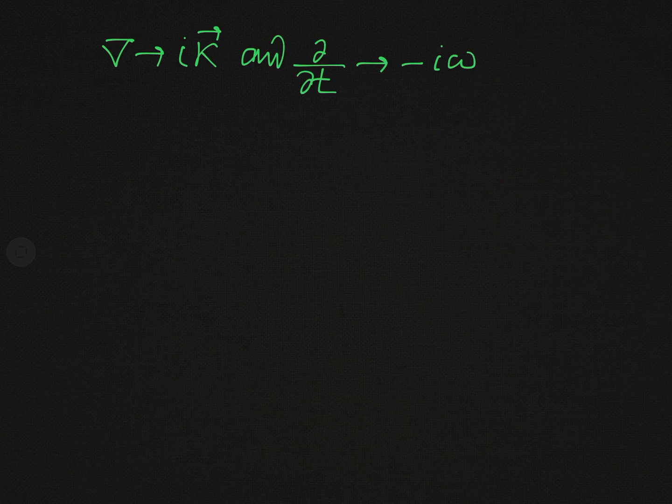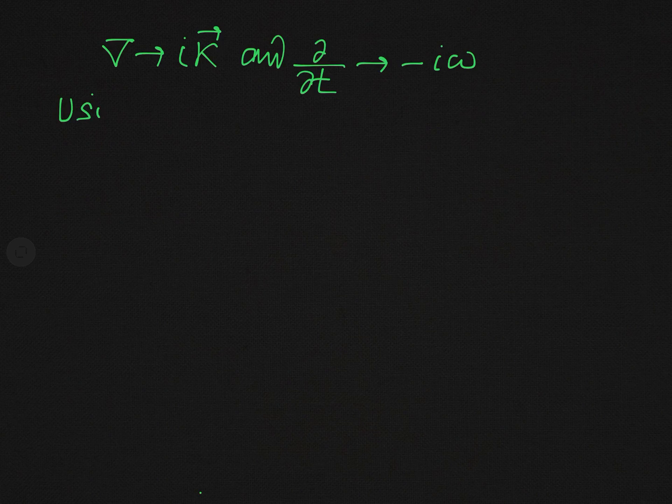So now we can replace these operators in Maxwell's equations, and Maxwell's equations will be in a convenient form, from which it is easier to discuss the different properties of the electromagnetic wave traveling in that particular medium.